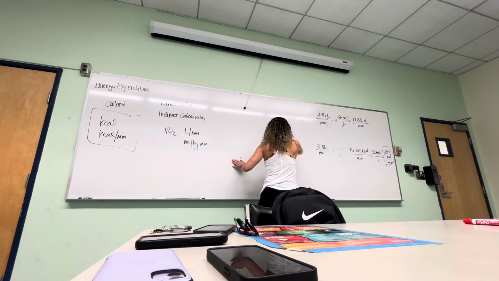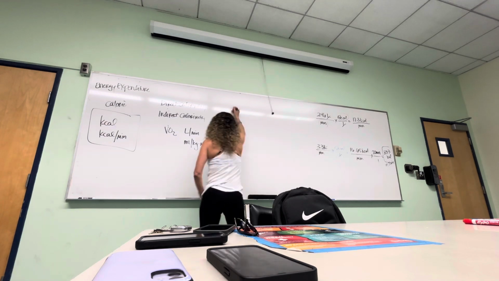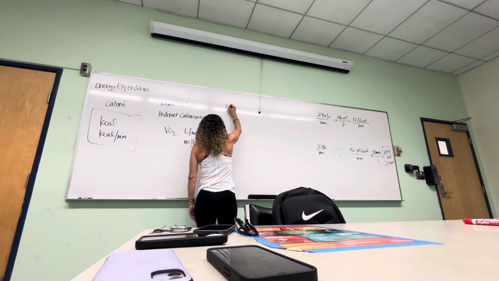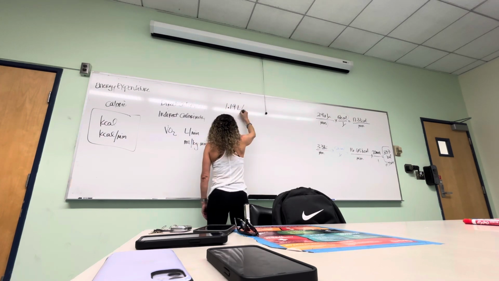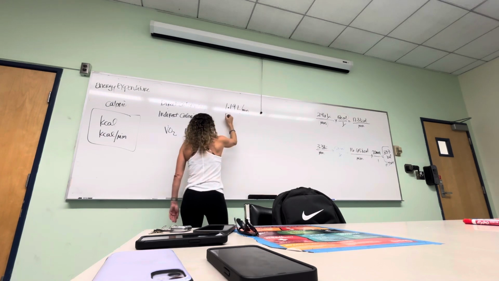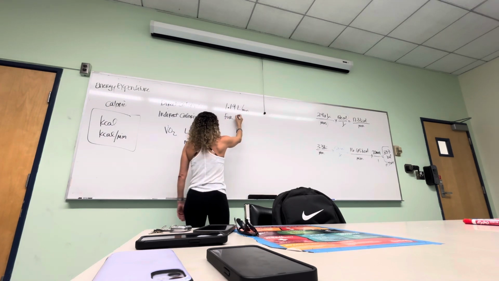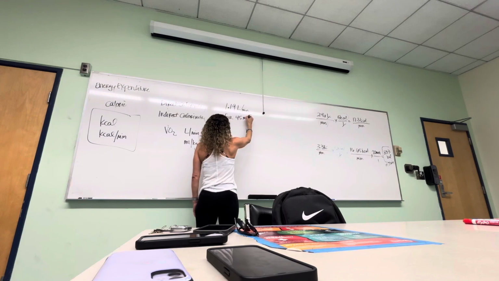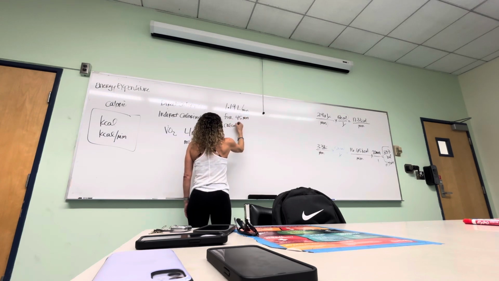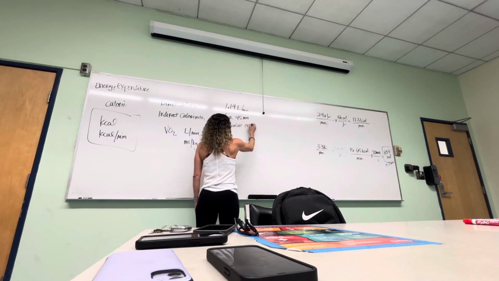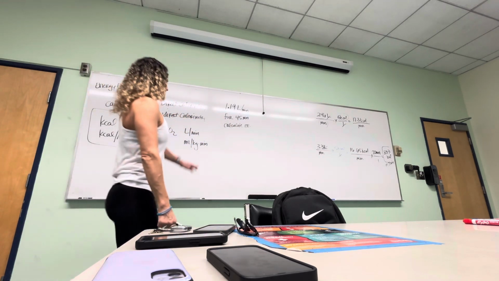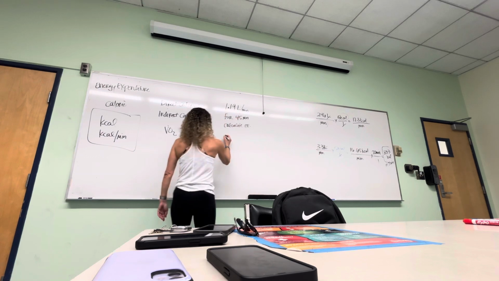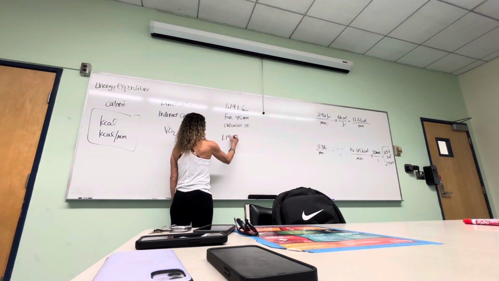So what if I said somebody is consuming 1.19 liters of oxygen per minute for 45 minutes. Calculate energy expenditure. So, how are we going to do that? 1.19 liters per minute.